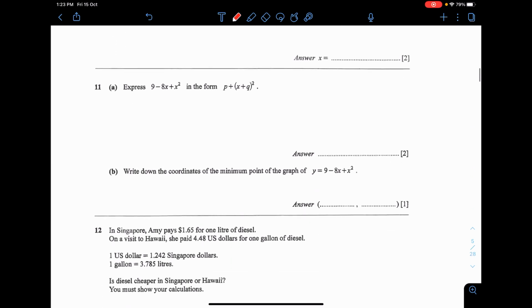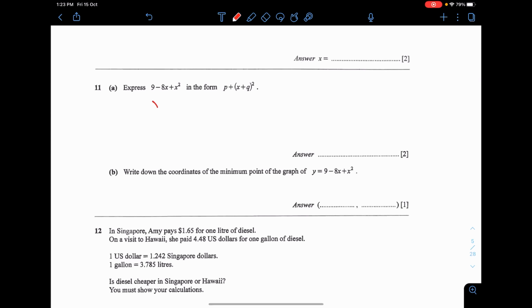Next, express this as that. Okay, this is completing the square. So how do we do that? I like to put my completing the square in terms of x squared, x and then constant number. I need to make sure that the coefficient of x squared is 1. Now the result of completing the square will always be x minus 4 bracket squared. This 4 is always half of this constant number that you see over there.